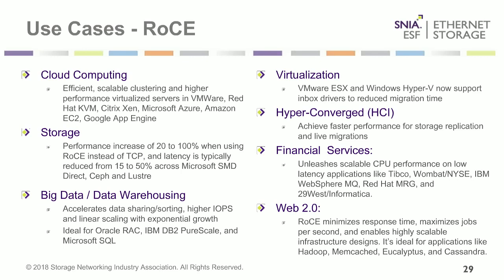And a lot of hyper-converged implementations today are using this again so they can see better storage performance. So a lot of use cases in different environments, all of them basically eliminating CPU utilization and achieving higher performance by eliminating the kernel copies and memory copies.